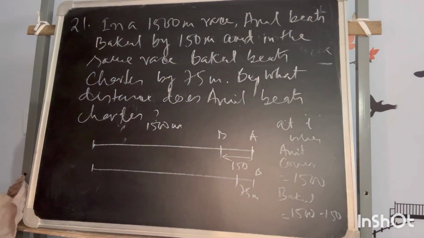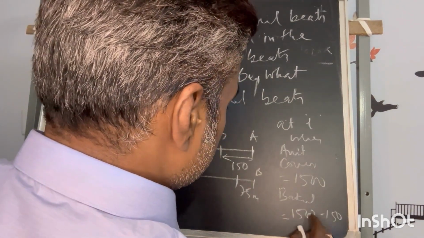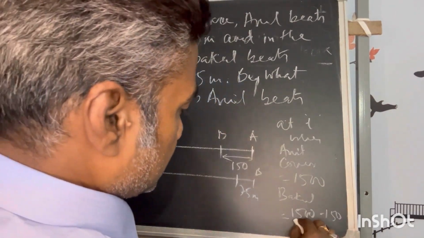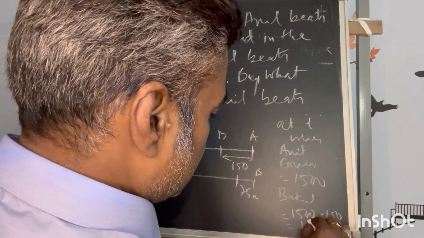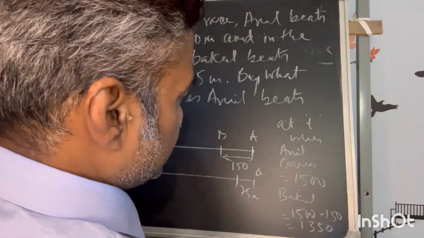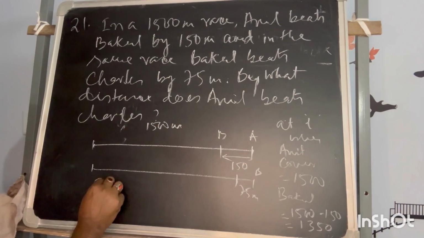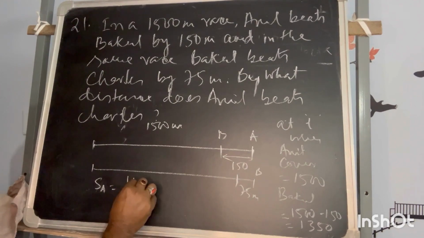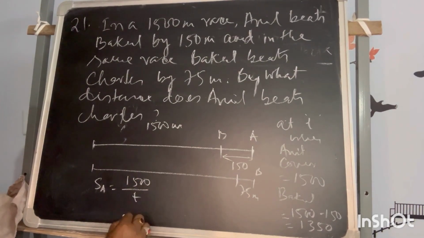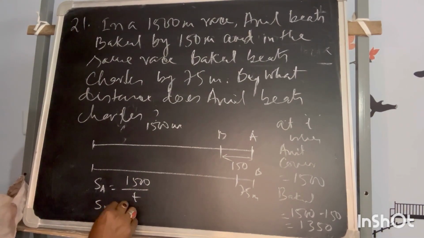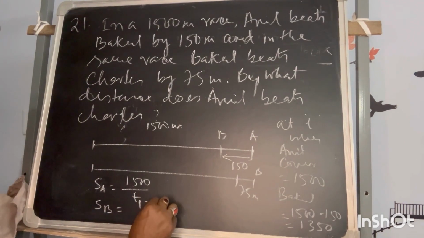This will be the case. So this much he covers, that means 1350. So what is the speed of Anil? The speed of Anil, if I consider, is equal to 1500 by t, and that of Bakul is 1350 by t, isn't it?